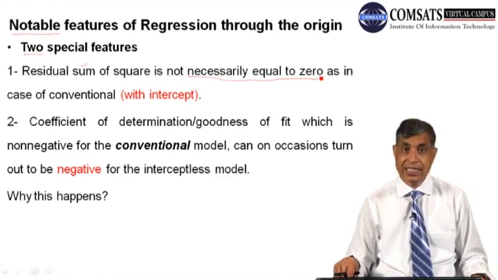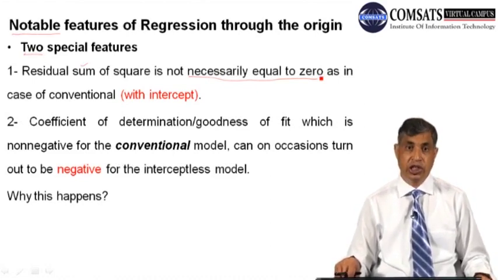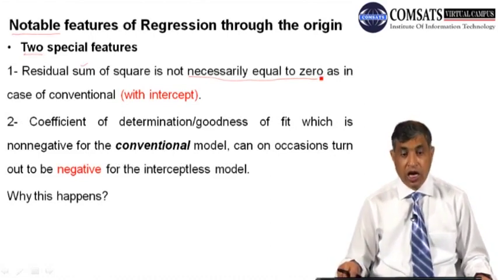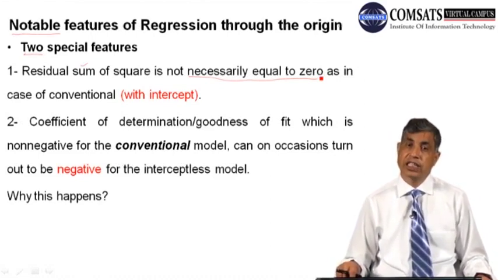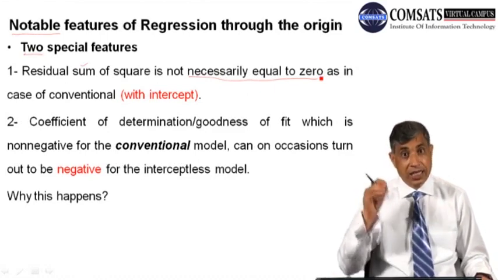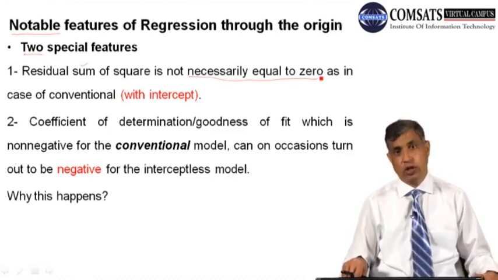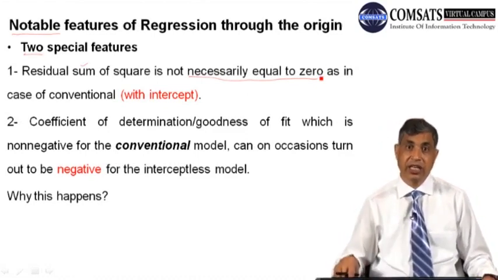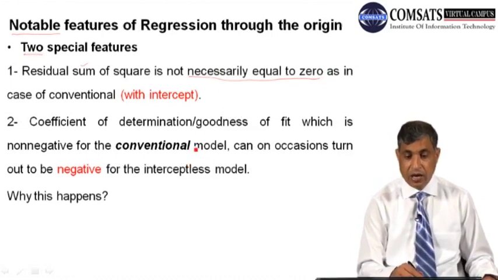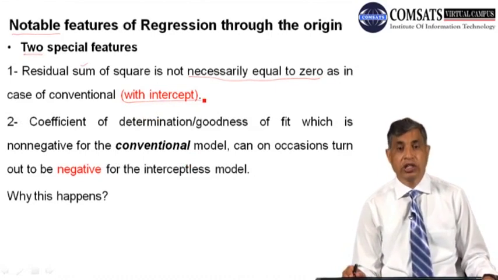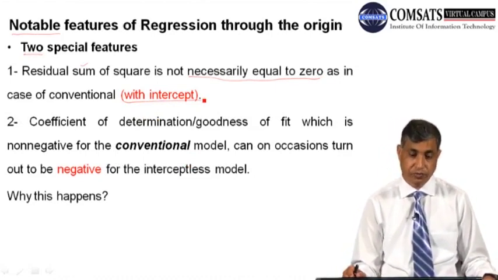In regression through the origin, the first notable feature is that it is not necessarily true that the residual sum is equal to 0, because now this has been estimated in a different way. But in case of the regression with intercept, the residual sum will be equal to 0.